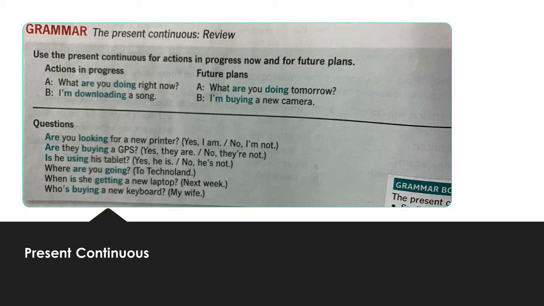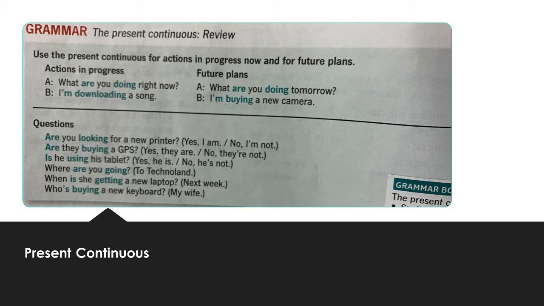The simple present is for activities that you do for an indefinite time, always in the present. But the present continuous is for actions or activities that you are doing at the moment. For example, what I'm doing now, I can tell you that I'm talking to you, or I'm teaching you the class, right?